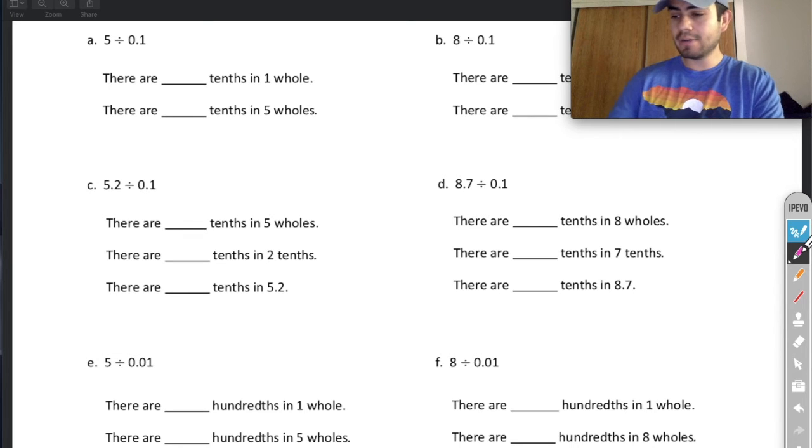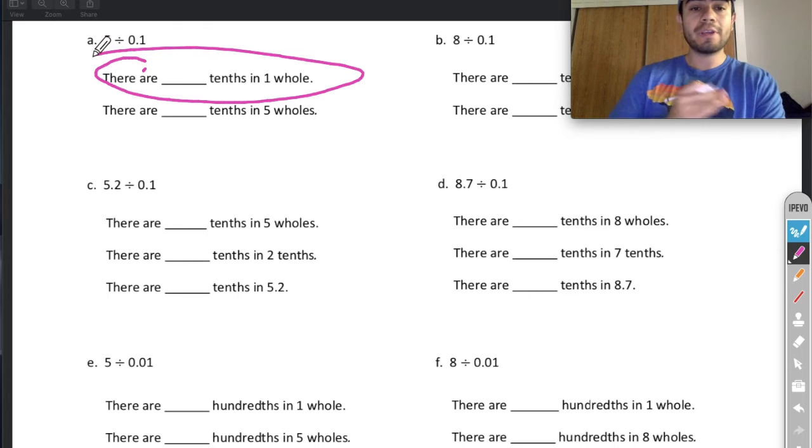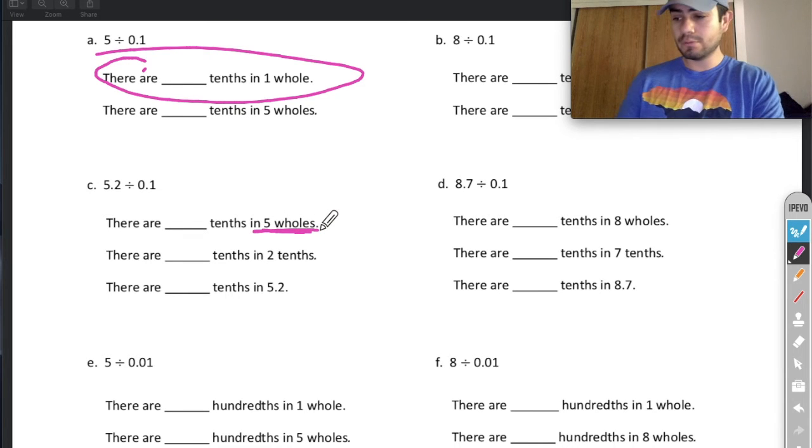So notice how it skips this first step that we had here where you had to figure out how many tenths there were in one whole. So you already know there are 10 tenths in one whole. So you can just skip directly to this step of 5 wholes, which you would have 50 tenths in 5 wholes.